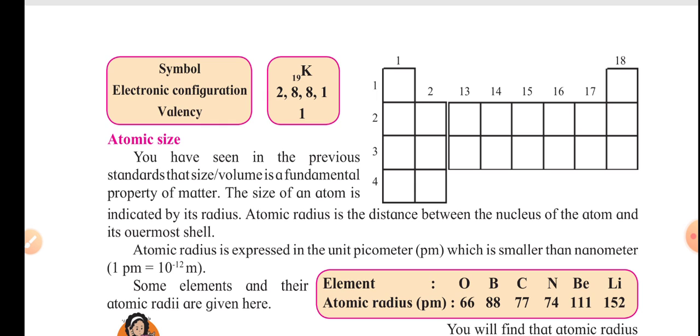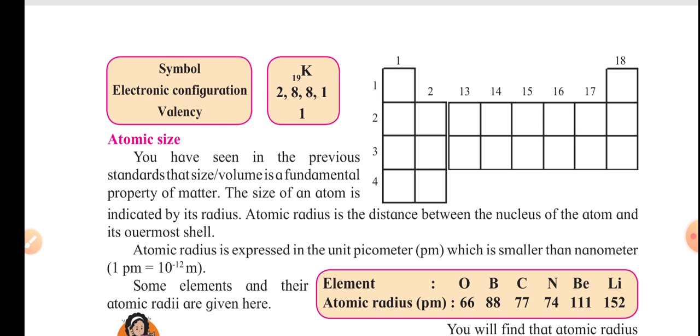In previous lessons, we have seen various classifications of the elements, and how the elements were classified earlier. And we have seen the various trends in the modern periodic table, out of which we have seen the valency.